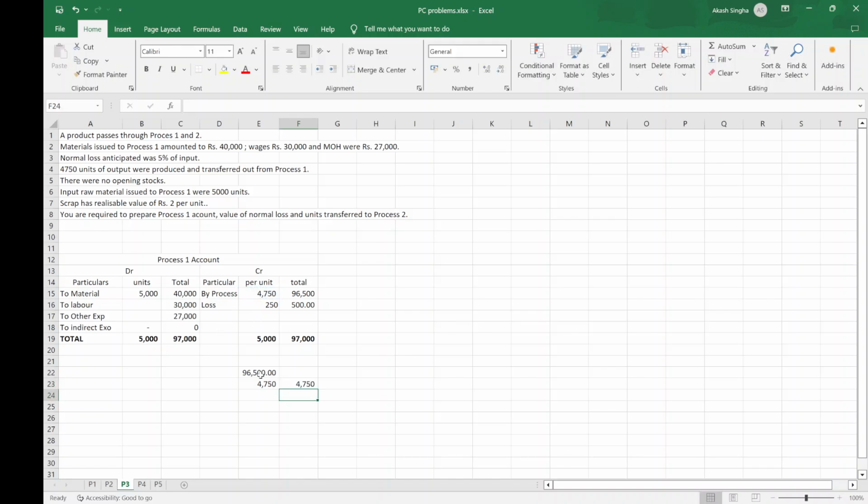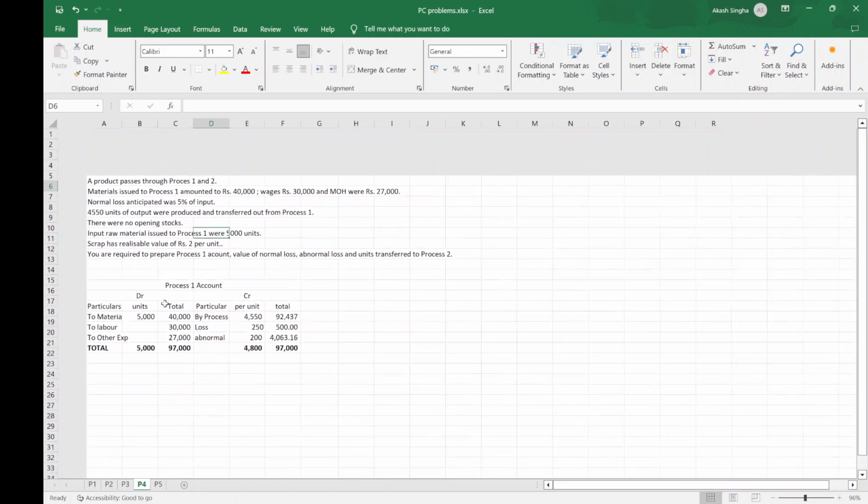So it will be 96,500 only. So the formula: 96,500 by 4750 and into 4750. So it will be 96,500 only. So that will be our by process.